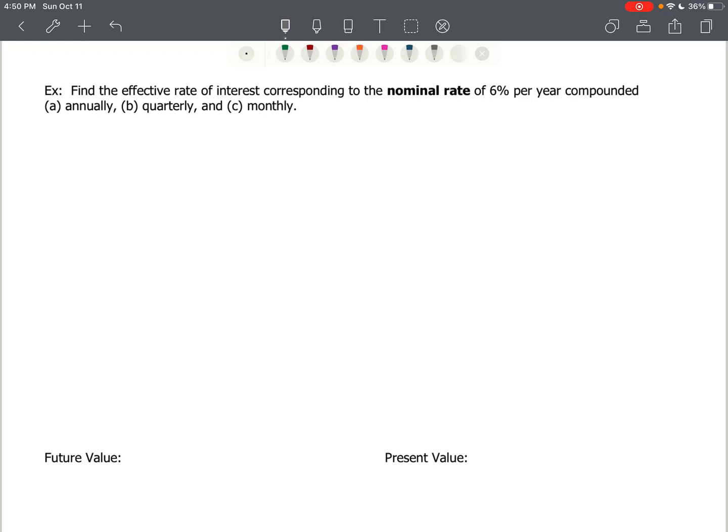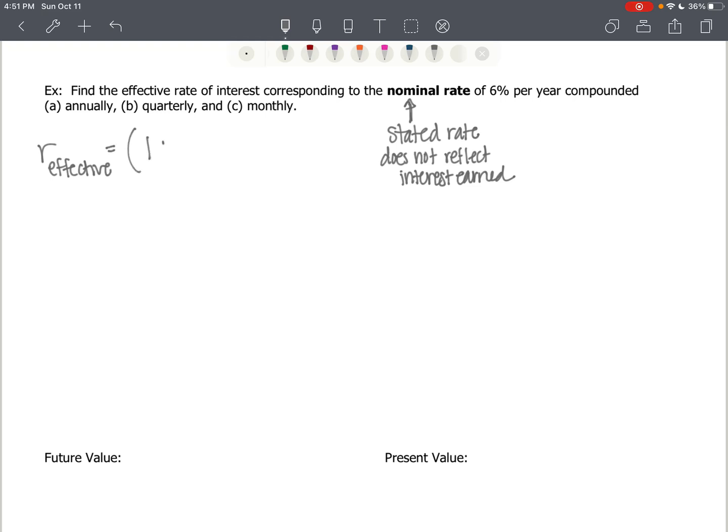The nominal rate is the stated rate. It does not reflect interest earned. So your effective rate is equal to what's actually happening.